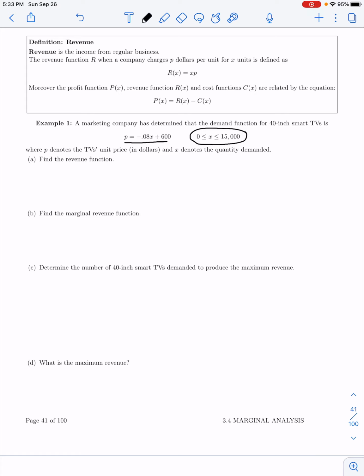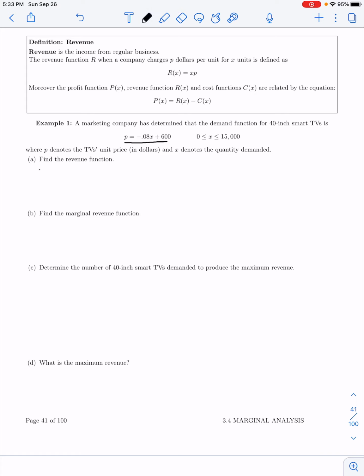That wouldn't be something that they're capable of doing. So with their demand, they're stuck between making 0 and 15,000. So we'll only keep that in mind when we're giving suggestions in our answers. We want to stay within that domain. So P is going to denote the unit's price in dollars, and X denotes the quantity demanded.